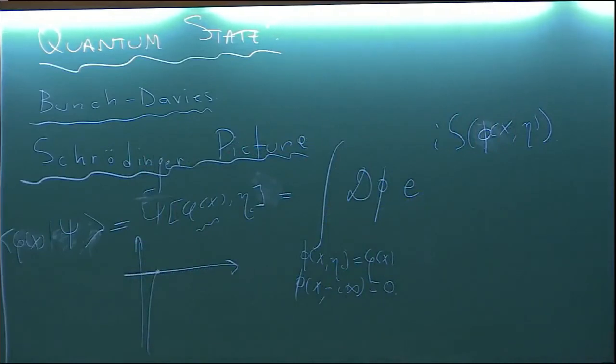No, they go like e to the i omega eta, because eta is negative. They go like e to the minus i omega eta. No, because it's forward pointing.